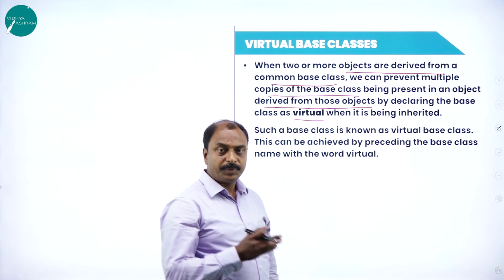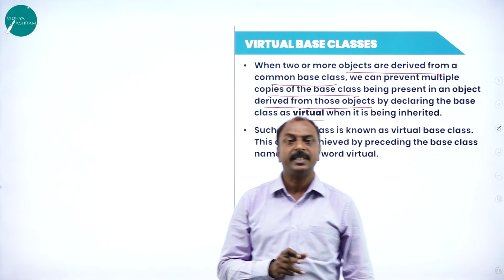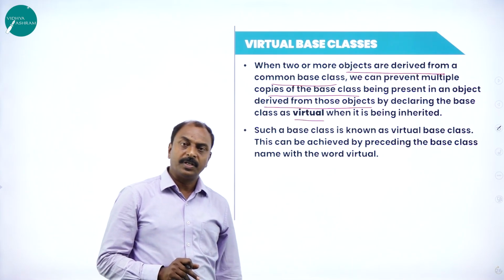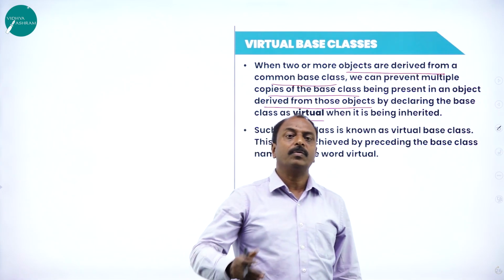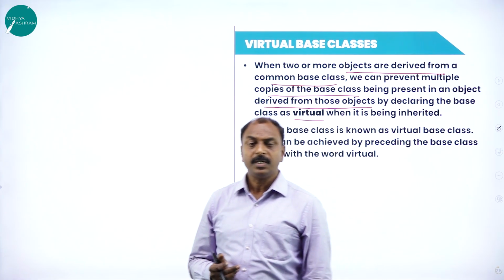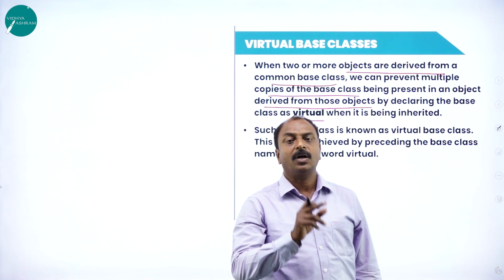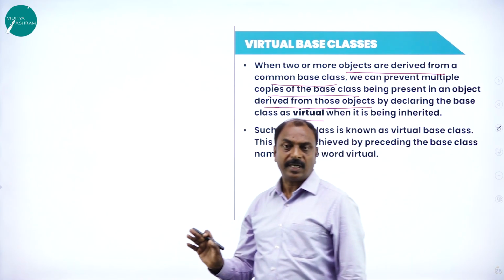copies of the object of the base class are present in all derived classes. For example, if there are 3 derived classes from one base class, here the copy of the object of the base class is present in all the 3 derived classes.